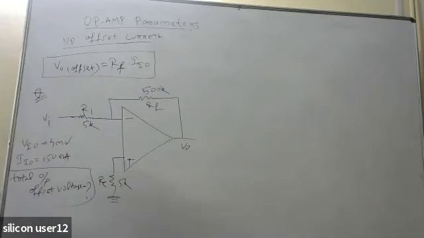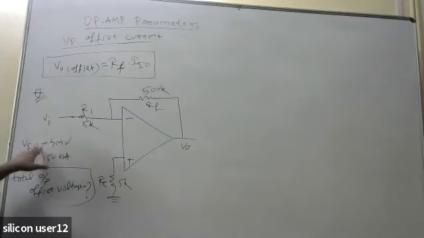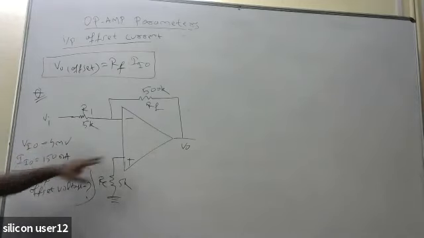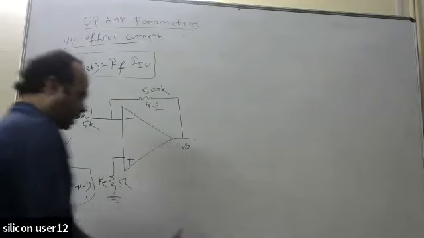So you have to find the output offset voltage due to VI0, then calculate the output offset voltage due to II0 and add them, so that will be your net output offset voltage.